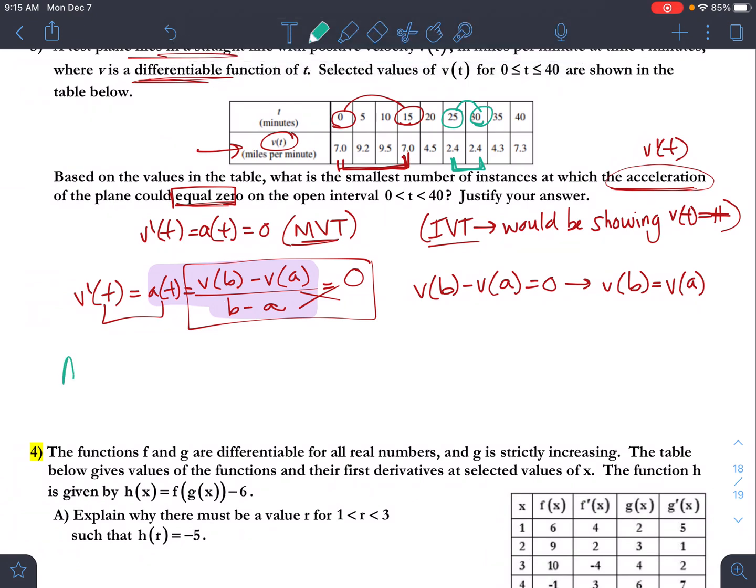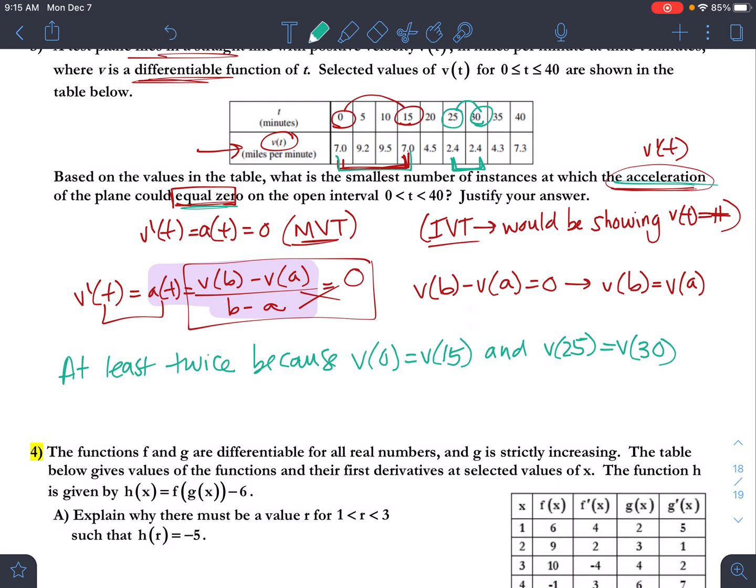So where is acceleration equal to 0? At least twice, because v of 0 is equal to v of 15. That's what I did in red above, 7 is equal to 7. And v of 25 is equal to v of 30. And that would be it.